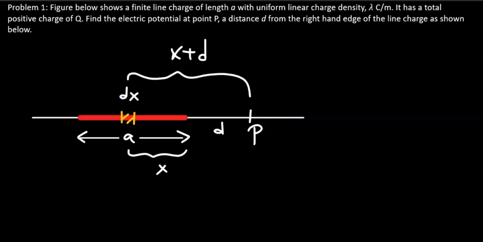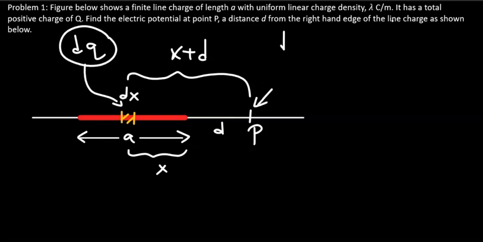The amount of charge that is contained in that little segment, let's assume to be dq. So the electric potential due to this amount of charge at that point can be written as dV, and that is quite simply k dq over x plus d. So this is the point charge model.